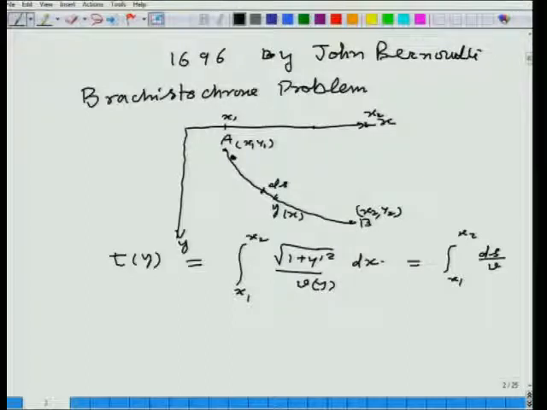Now, this is what is called the Brachistochrone problem, and we are asked to find a curve along which this takes the least time. So, that is what is called the problem of quickest descent.